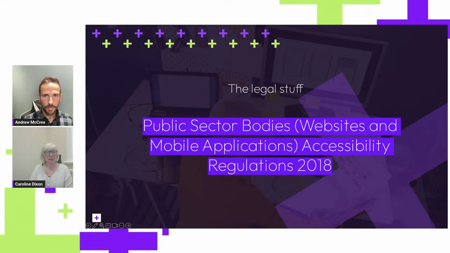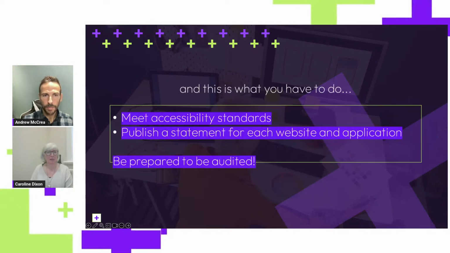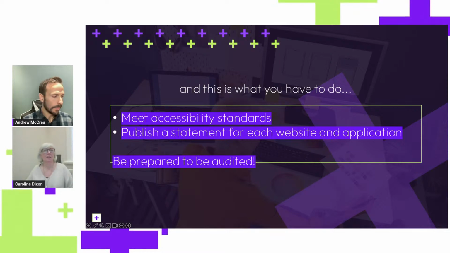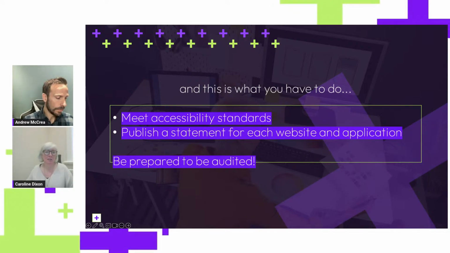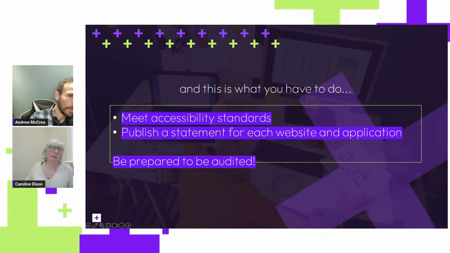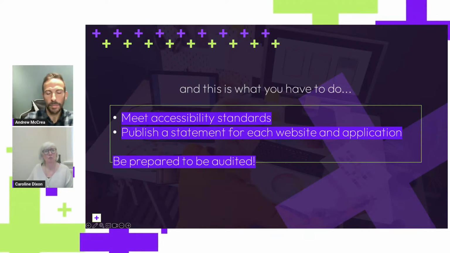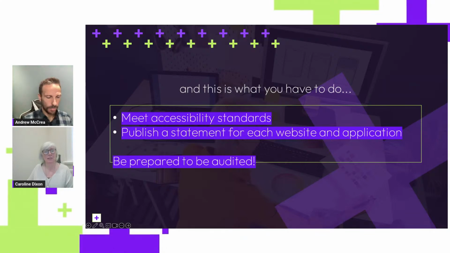And these regulations build on the Disability Discrimination Act 1995 in Northern Ireland, and also the Equality Act 2010 in the rest of the UK. They're monitored by the Equality Commission in Northern Ireland and the Central Digital and Data Office in England, Scotland and Wales.